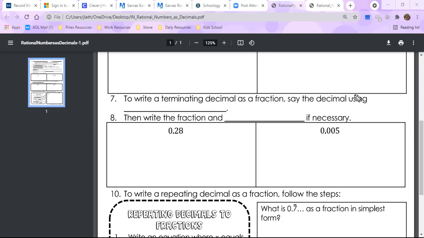My favorite part of simplifying, if it's on the top and the bottom, cross it out. We have 1, 2 here, 1, 2 here, 1, 2 here, 1, 2 here. So what we have left is a 7 on top and 5 times 5 on the bottom. So the answer is 7/25 or 7 over 25.